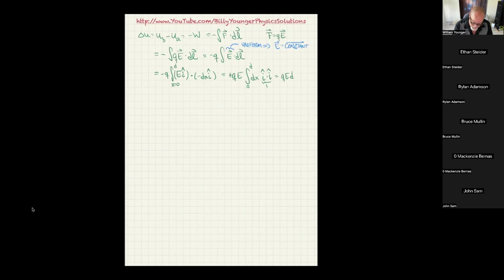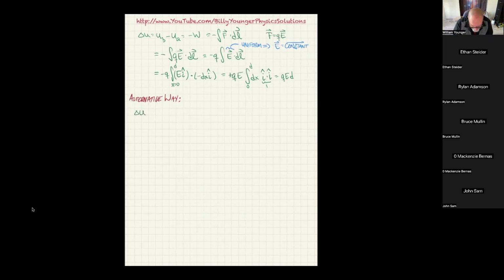So alternatively, let's say an alternative way. I'm doing the same thing now that I just did, but now I'm going to do it letting my range of integration show the direction I'm going.